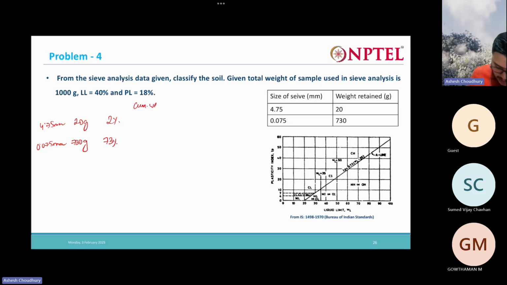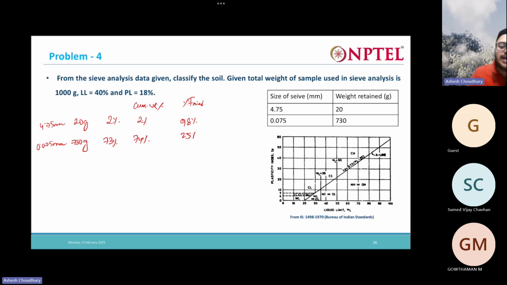Cumulative weight retained is 2%, 74%, percent finer 98%, and 25%. Now, less than 50% is finer than 0.075. That means the soil is coarse soil.